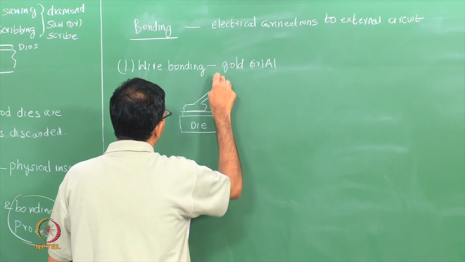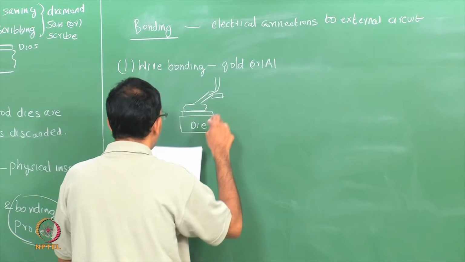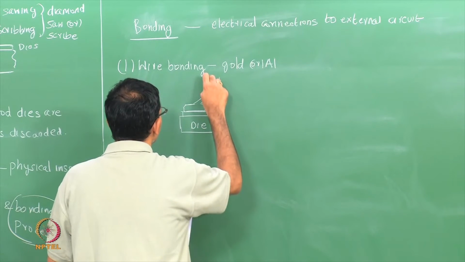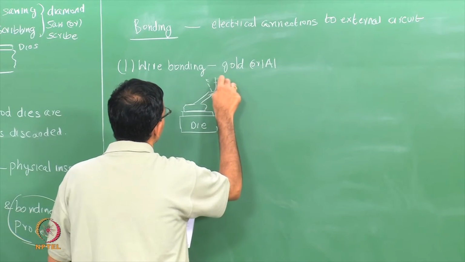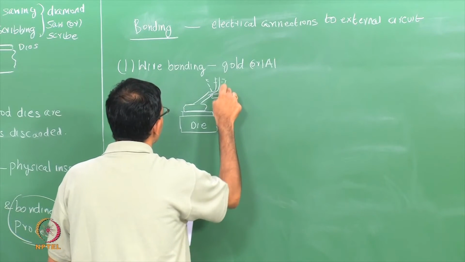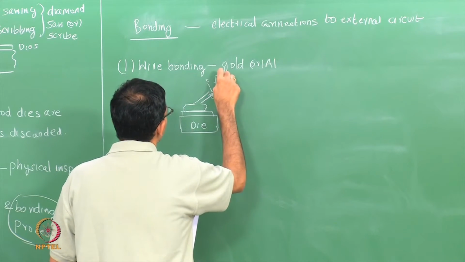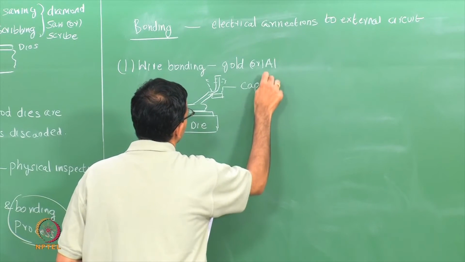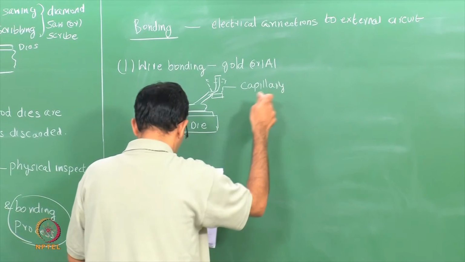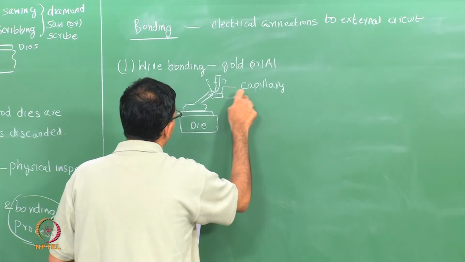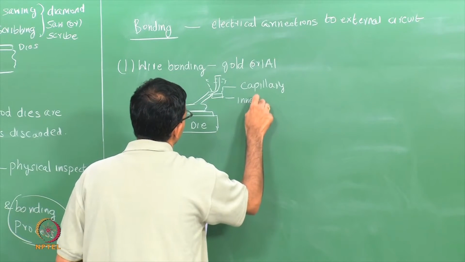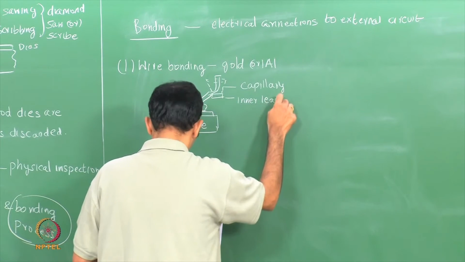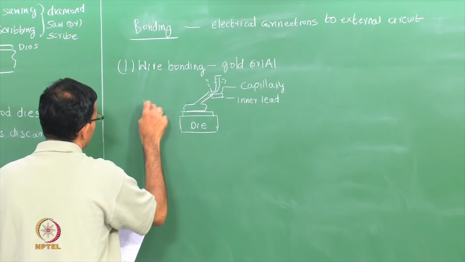The wire is fed through some sort of a capillary system. So, this is the capillary, this is the inner lead, and this refers to the bond.